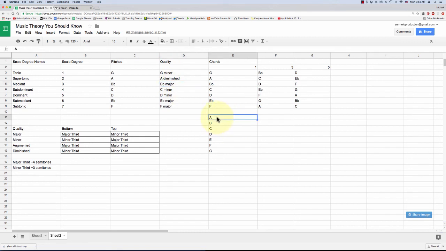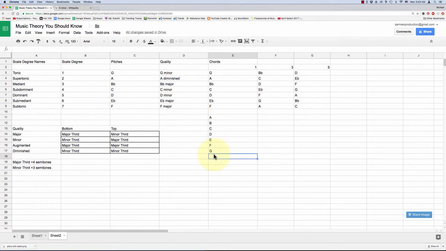So here we are in A minor, and we skip to the relative major here. And what relative major means is that the key of A minor and the key of C major have the exact same notes.